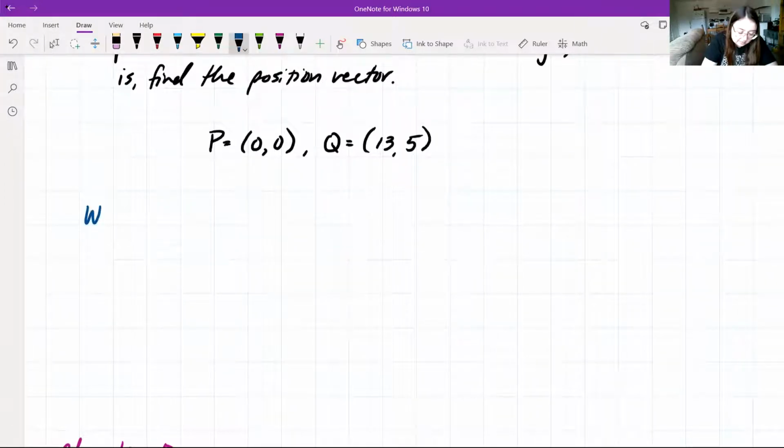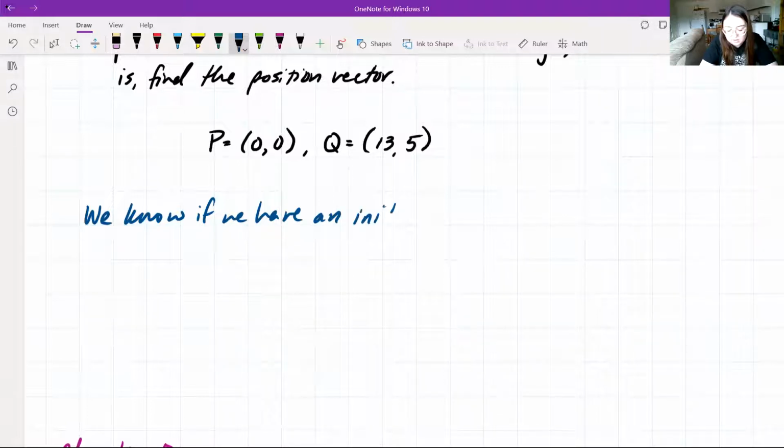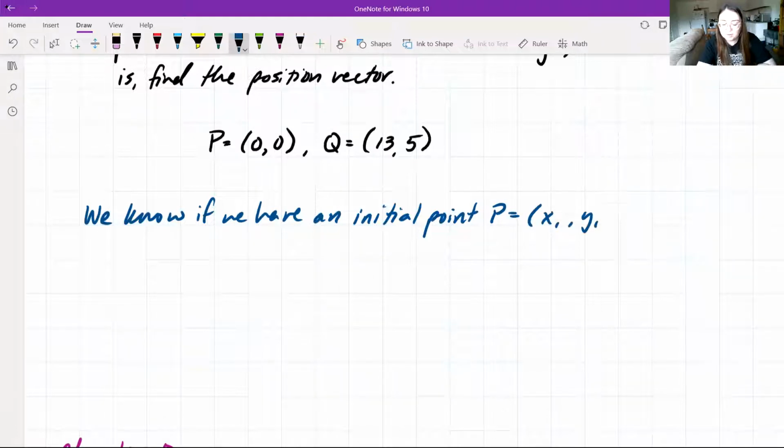So we can state that if we have an initial point, which we will label P, this is equal to x1 comma y1.